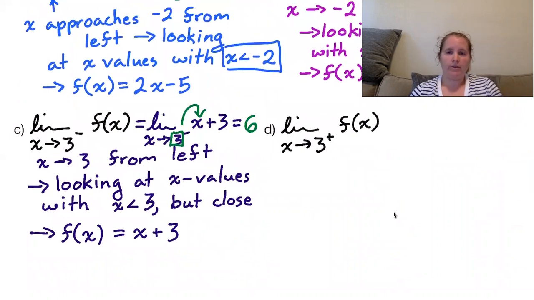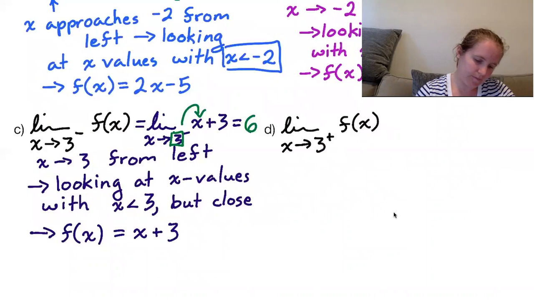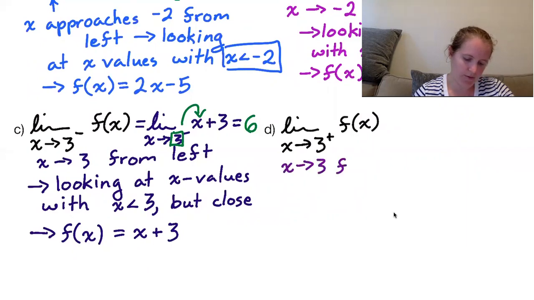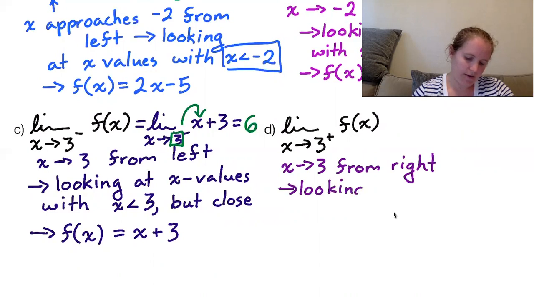And finally, we are going to do the same thing as x approaches 3 from the right. So here we have x approaches 3 from the right, and we are looking at x values with x greater than 3.